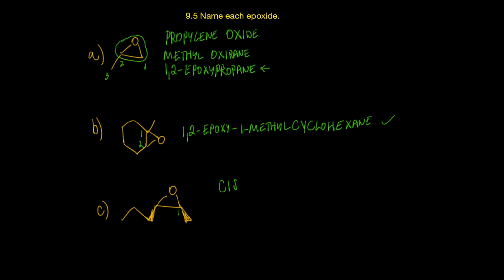So we can name this cis 1-methyl three propyl oxirane.